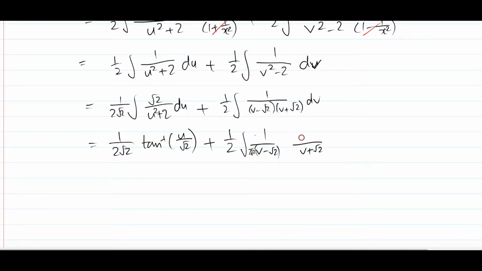Yes, this is starting to look quite ugly. Negative root 2, same thing. So negative root 2 minus negative root 2. 1 over 2 root 2 dv.